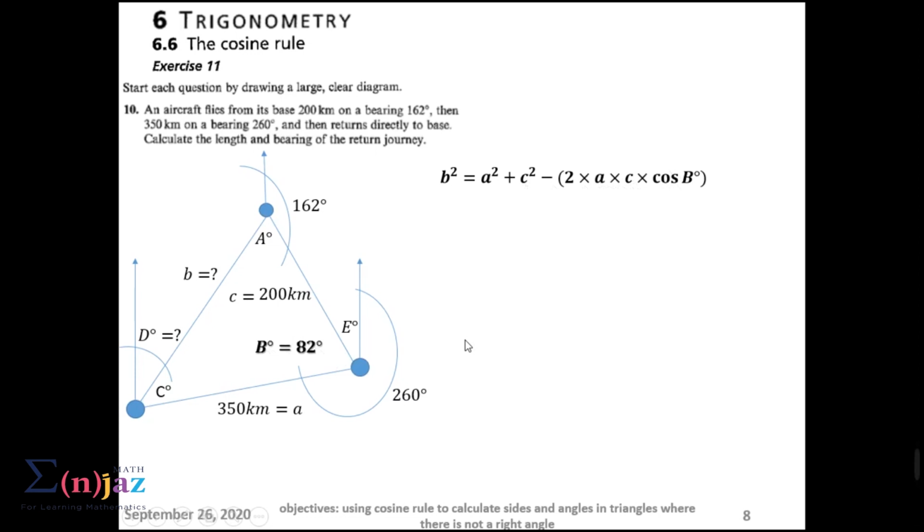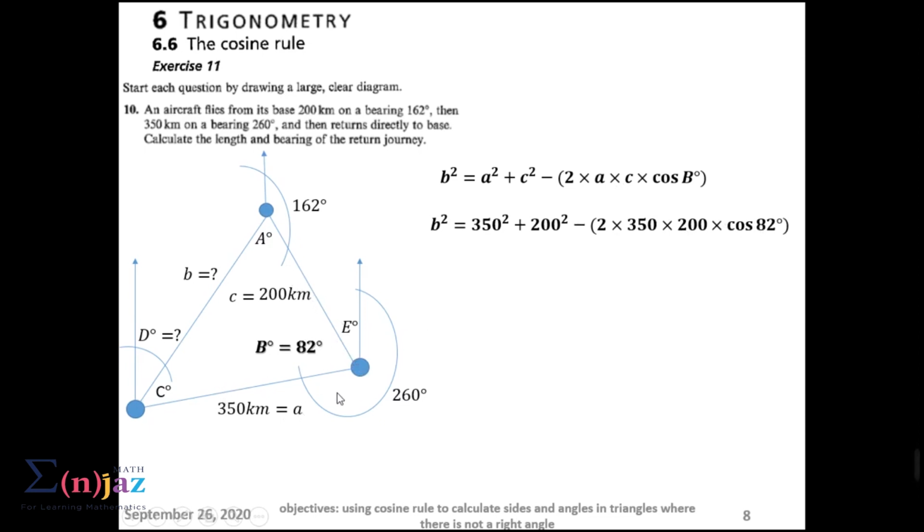Let's substitute in this rule now. So B squared is equal to, A is equal to 350, so 350 squared plus C is equal to 200, 200 squared minus, in brackets, 2 times side A, which is 350, times side C, which is 200, times cosine the angle between side C and A, or A and C, which is the 82 degrees.